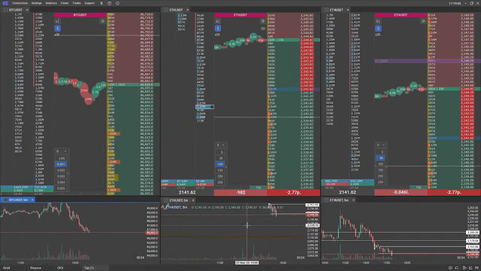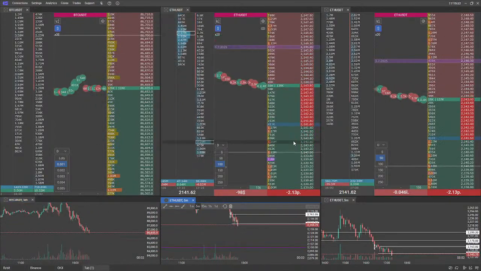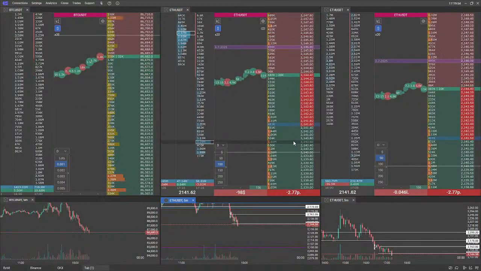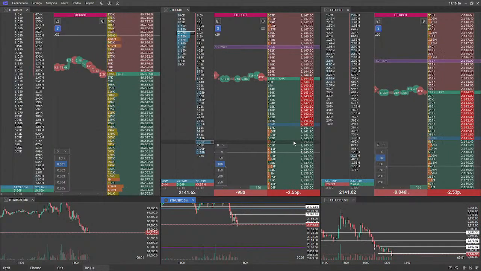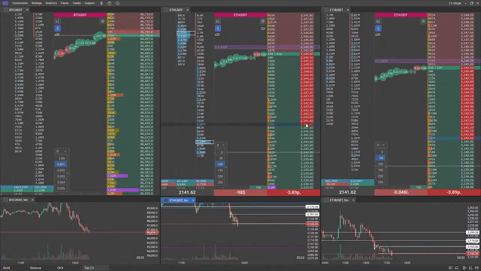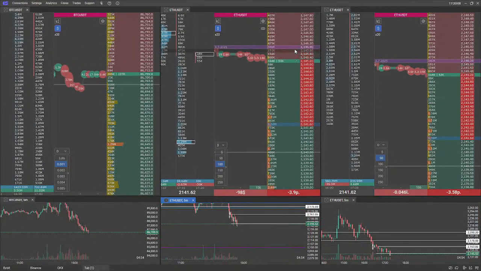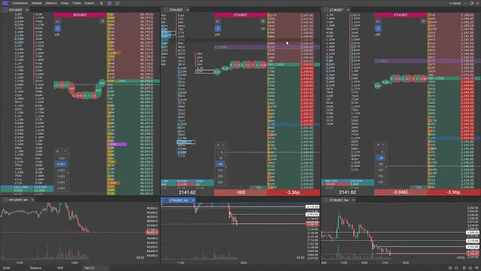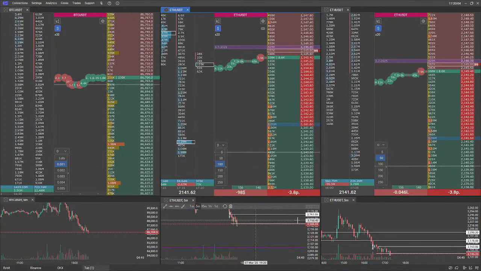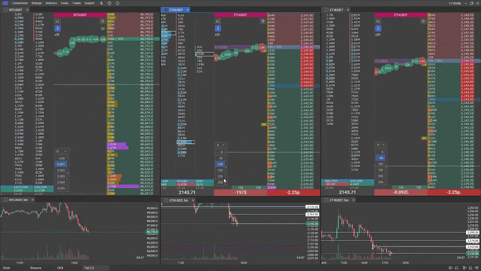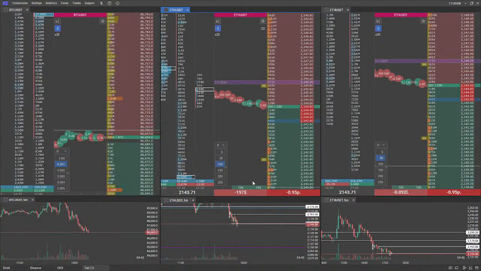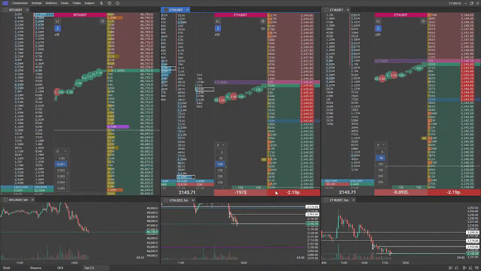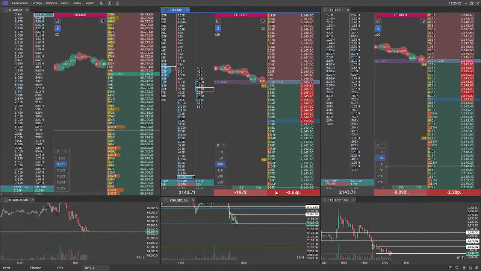I don't think this trend's going to stop here. It indicates it's just a lower range. Good resistance, somebody put in some algos there.